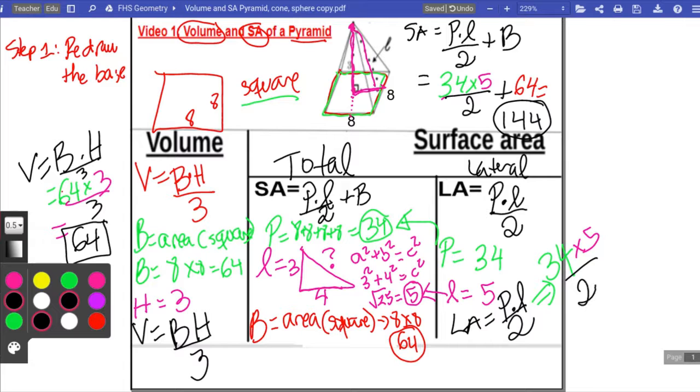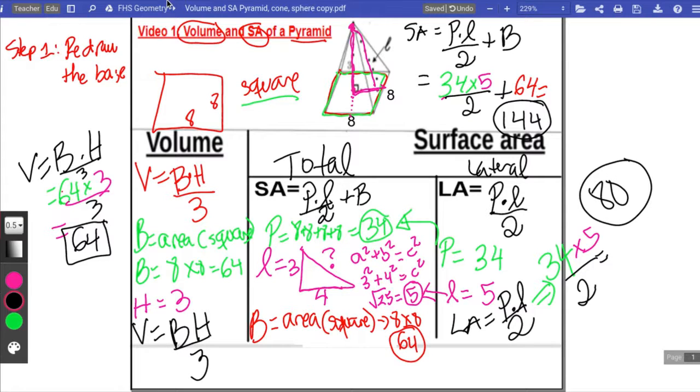What do you get? Well, you get 80. 80 is your lateral. We're done. All right, so we were able to do volume, total surface area, and lateral surface area. Now it's your turn to do the next one. You got this.